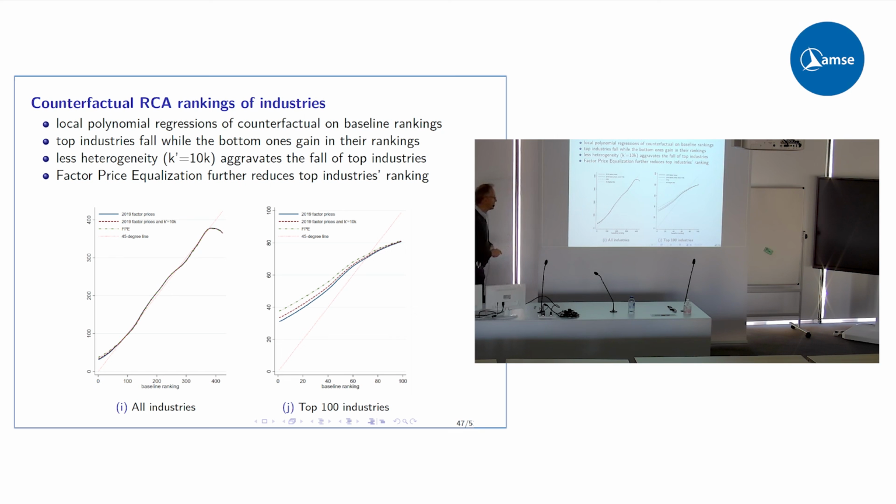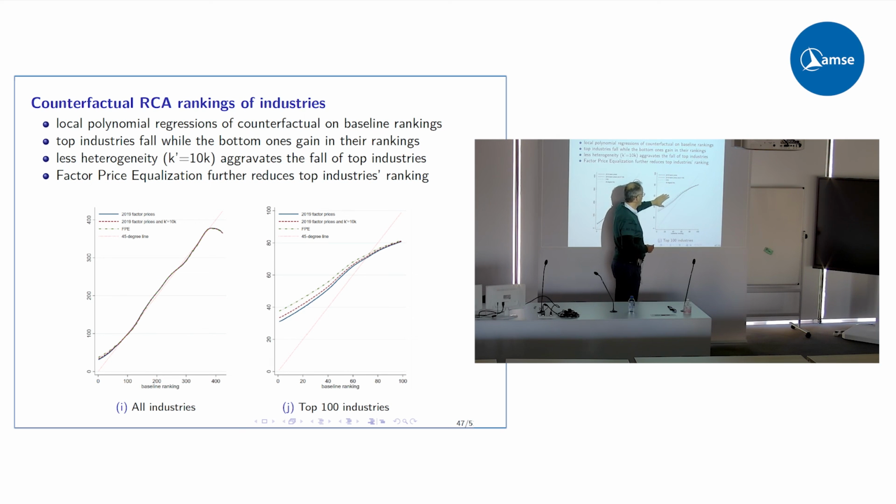You can look at the churning along the entire distribution. So baseline ranking 2004, the new ranking here, the 45-degree line would be no change in ranking. And you see there is a lot of action at the bottom and the top of the distribution. If you zoom in on the bottom of the distribution, you see something interesting here. You have the 45-degree line, factor price equalization, in green. You have in red factor prices in 2019 with K equal to 10 times what we have in the standard counterfactual.